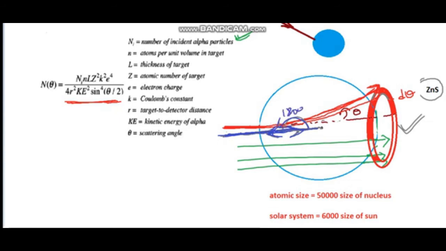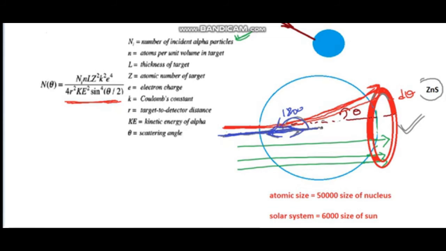Now if you substitute 180 degrees in your equation, you will have sine of 90, which is the maximum value of sine, and so the number of alpha particles scattered at that angle will be minimum, because the denominator will be maximum and N of theta will be minimum.